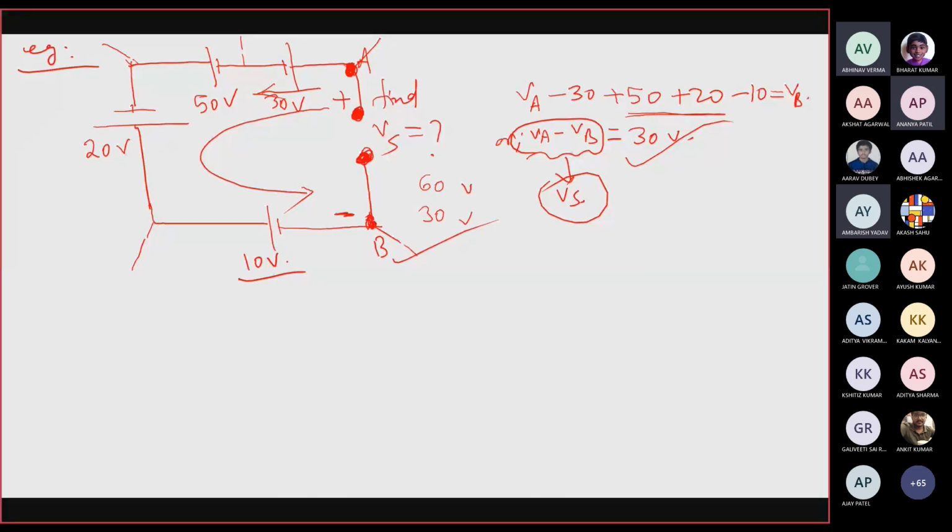So now second example, तुम लोग देखो, एक खुद से ट्राई करो. Example number 2. So this is a circuit. Then you have here a voltage source in between the connecting arm.